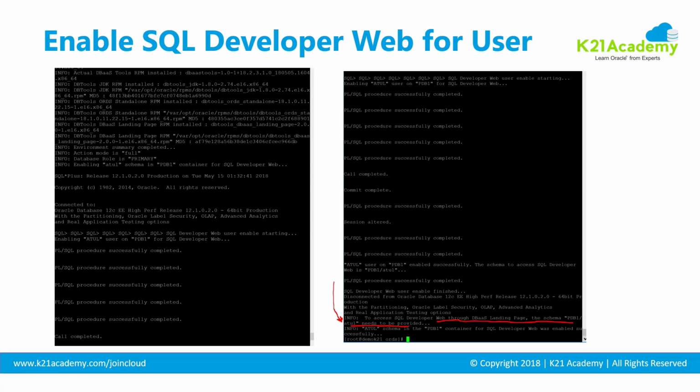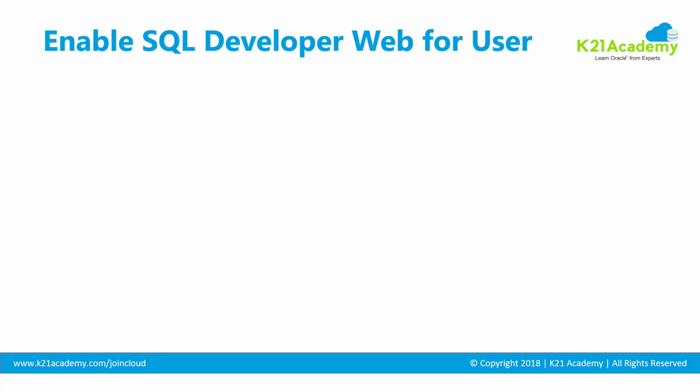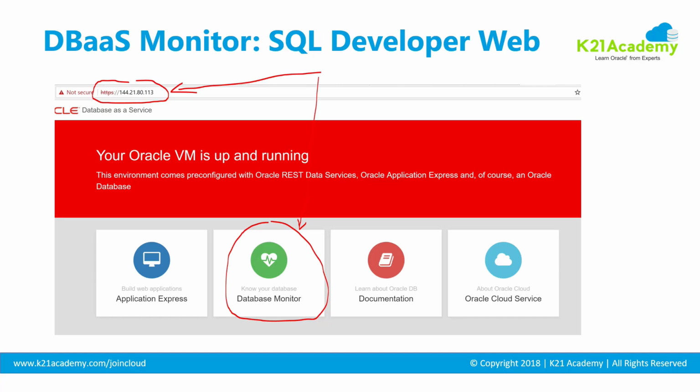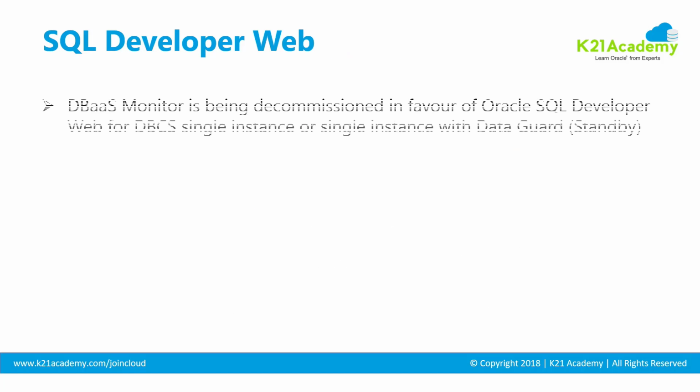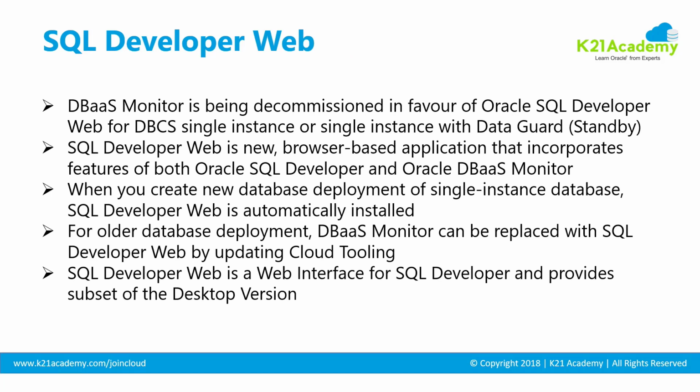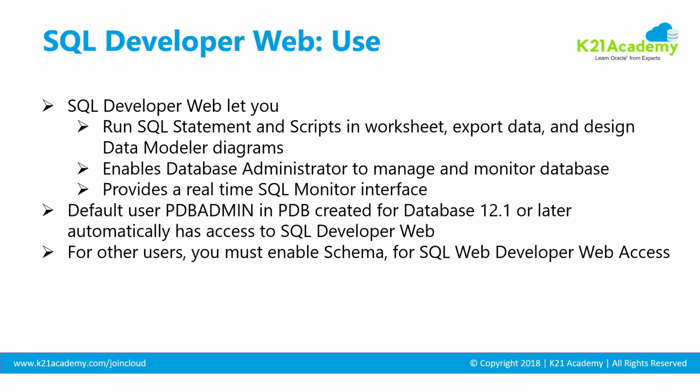So just to do a recap before we move on to the next one. The first change has been that DBaaS Monitor has been replaced by SQL Developer Web. This is how the SQL Developer Web looks like. And in order for you to enable the SQL Developer Web, if you are in an older version, you need to update your database cloud tools or tooling.